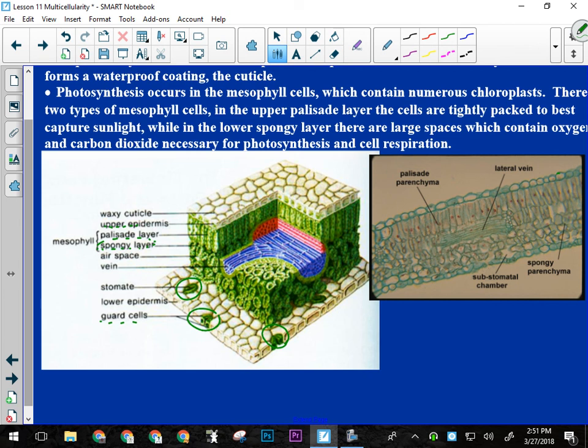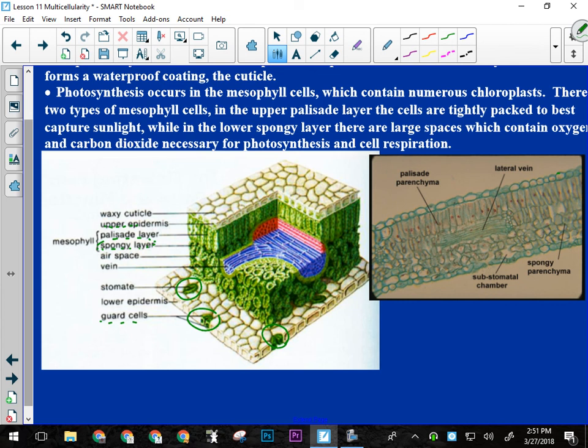The stomate controls how much evaporation occurs in the plant, and it does that by changing the shape of the guard cells. A stomate is like a pore. It can be open or closed. When it's closed, water won't evaporate, and carbon dioxide and oxygen won't exchange. The plant will stop carrying out photosynthesis if the stomates are closed.